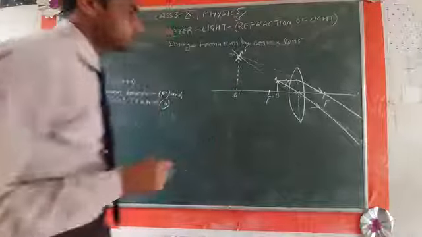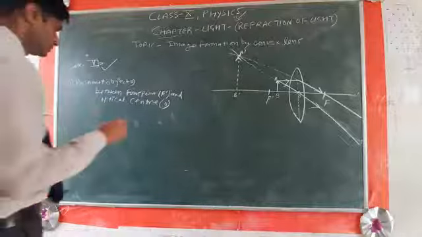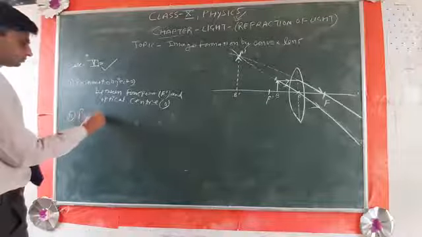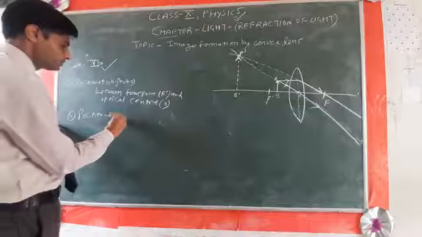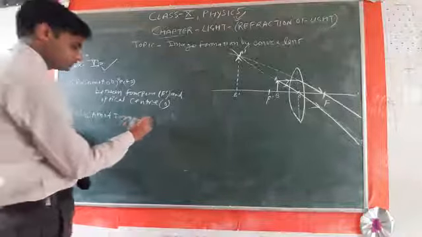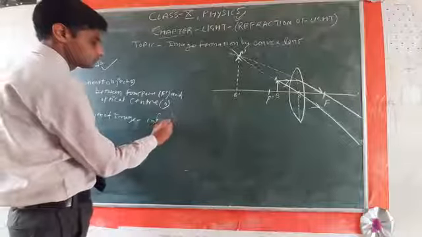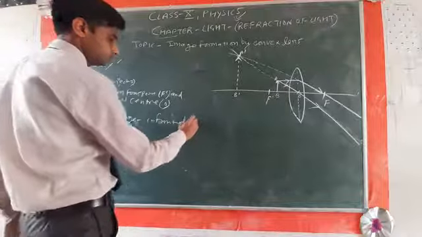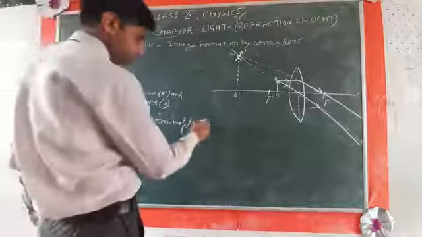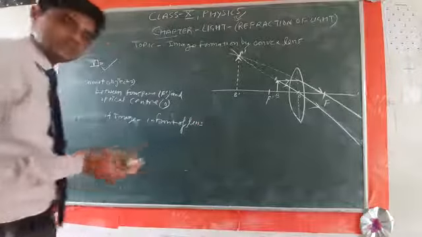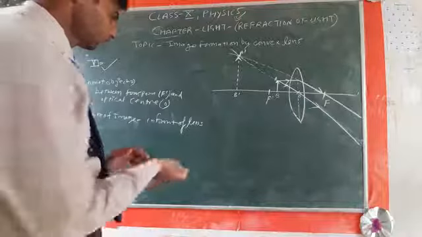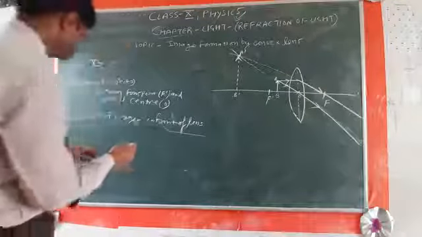So as you can see, the position of the image is in front of the lens, or as you can say, on the same side of the object.